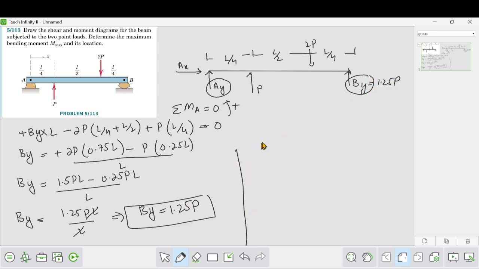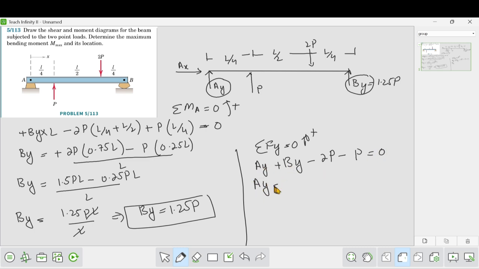So now we will take summation of all vertical forces. Fy equal to 0. The force directed upward will be taken as positive. So there is Ay which is vertical plus By which is also vertical, negative 2P which is downward, and this is P, equal to 0. So in place of By I put its value.